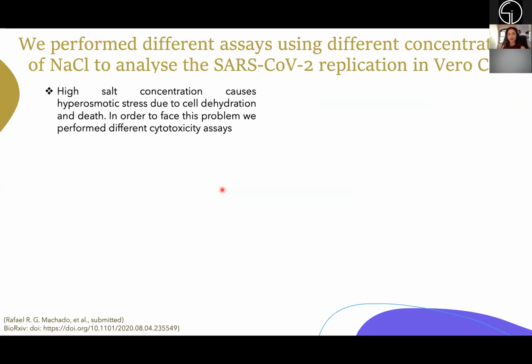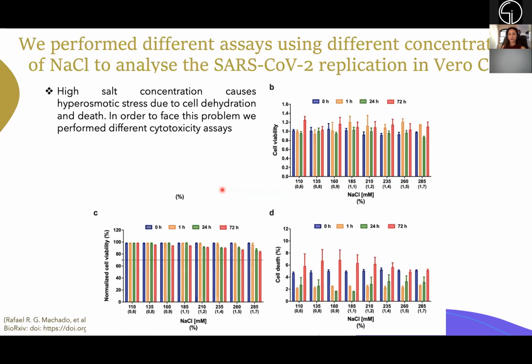So it's a problem if you use a high concentration of salt in cell culture. In order to face this problem, we performed different cytotoxicity assays, shown here. First of all, we used the Alamar Blue cell viability assay, so we can detect the viability of the cells, as shown here.